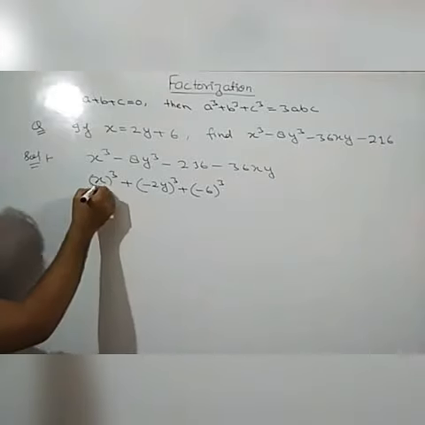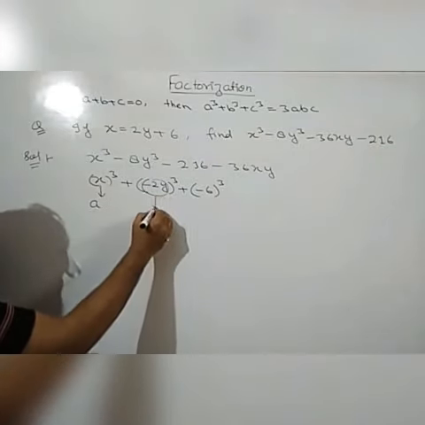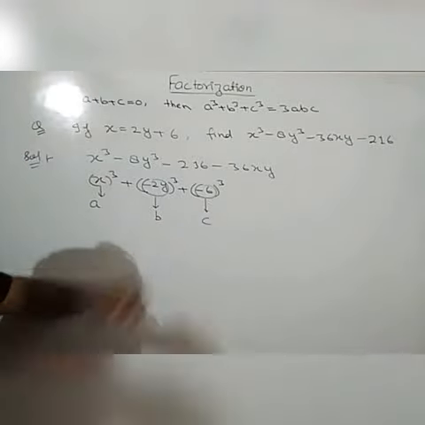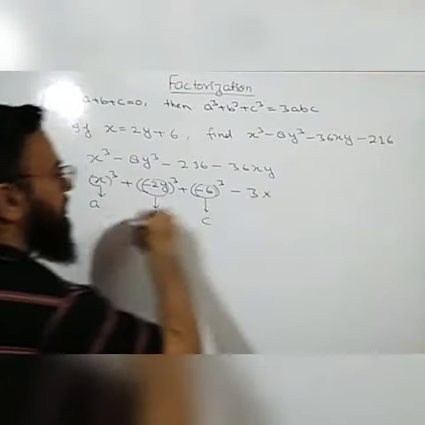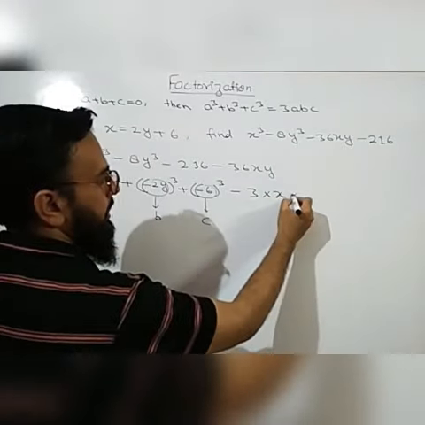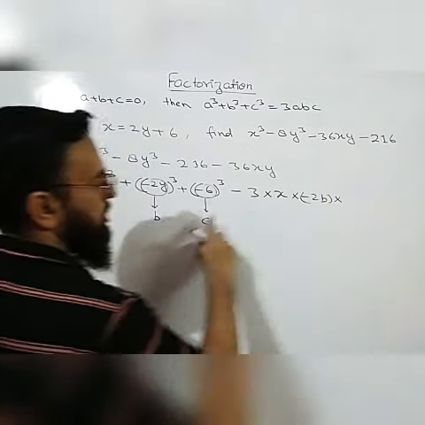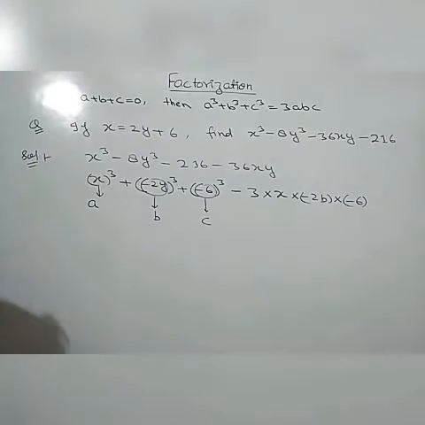So here we can take x as a, minus 2y can be taken as b, and minus 6 can be taken as c. So we got the values of a, b and c, and what is the last term? It is minus 3 into a. What is a? It is x, into b. What is b? It is minus 2y, into c, and what is c? It is minus 6. So we can check it.